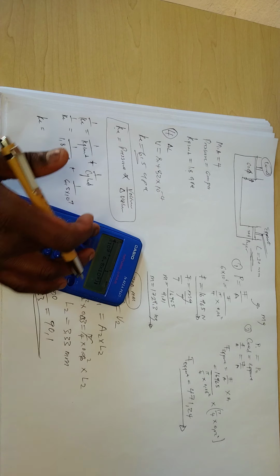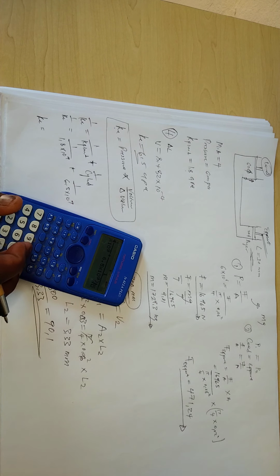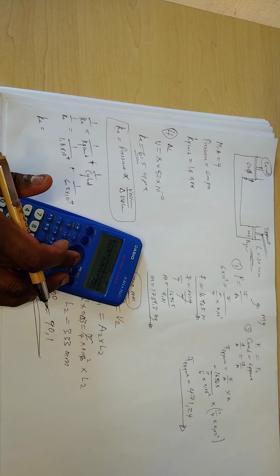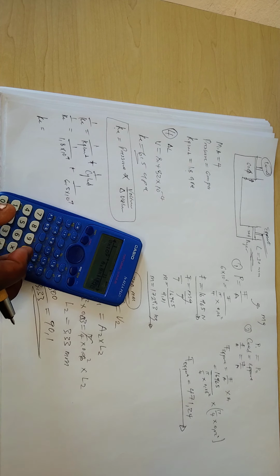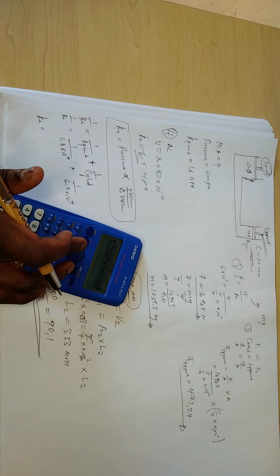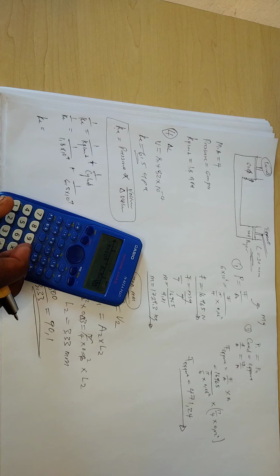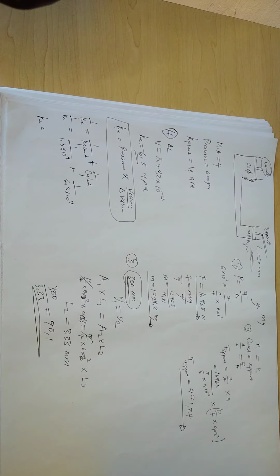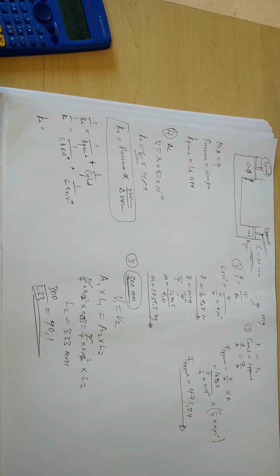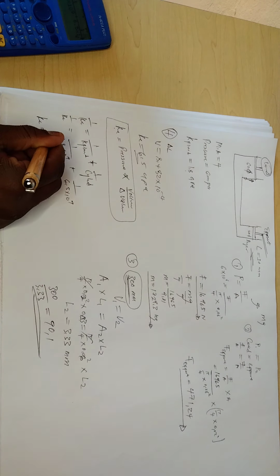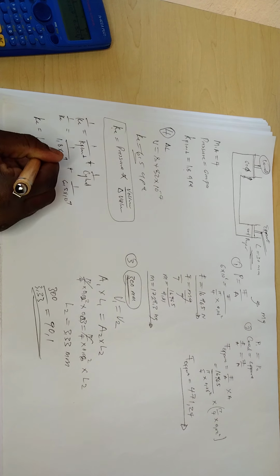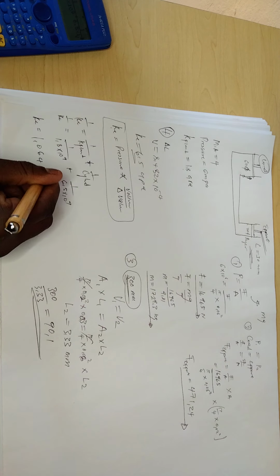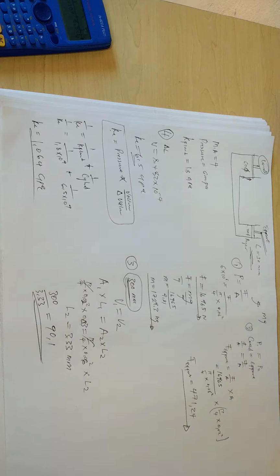Then close everything and put the inverse of 1. It's going to give you 1.064 GPa. Yes. Then this is your KE.